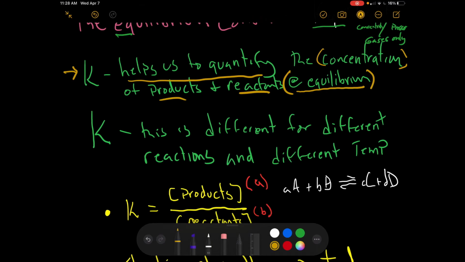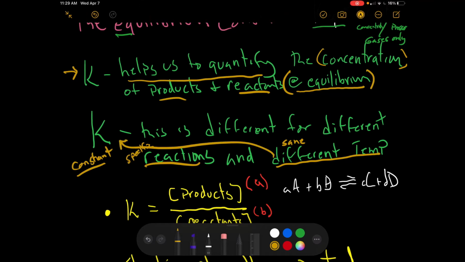Now, K is different for different reactions and different temperatures. A lot of people think constant means that this is the same number for every reaction. It's not. Just like we talked about in acids and bases, and just like we talked about in kinetics, this constant is for specific reactions, and at specific temperatures.